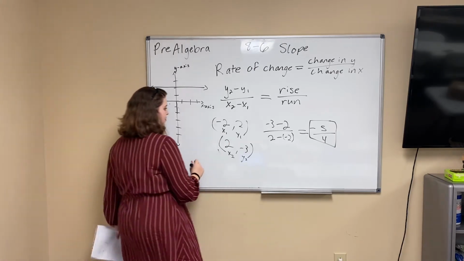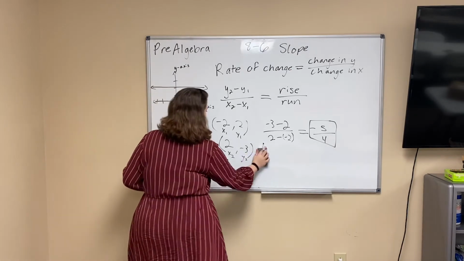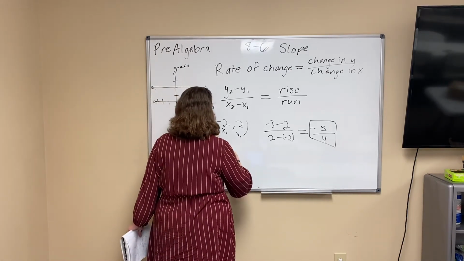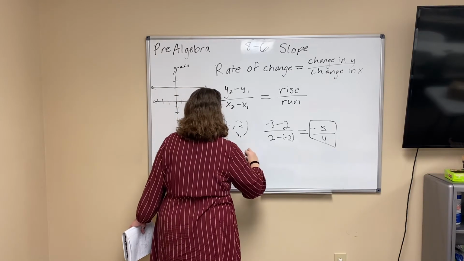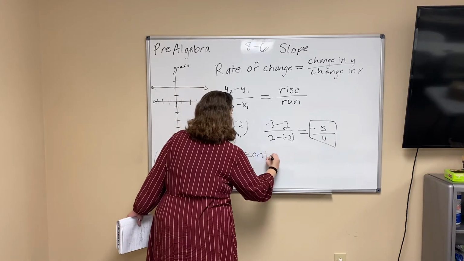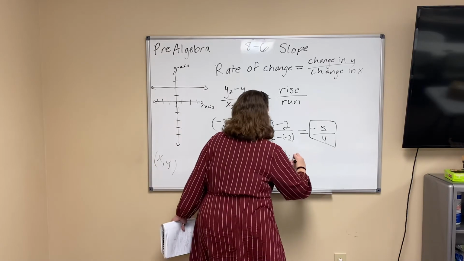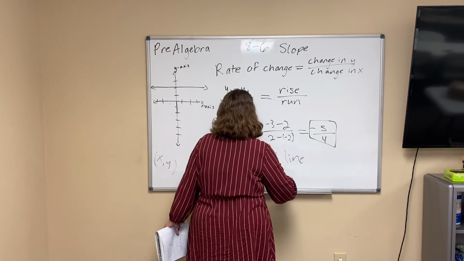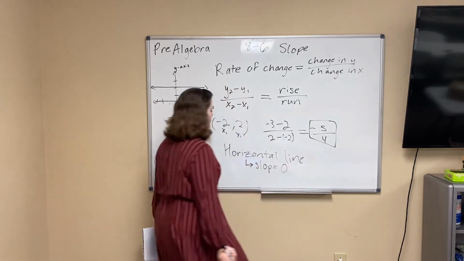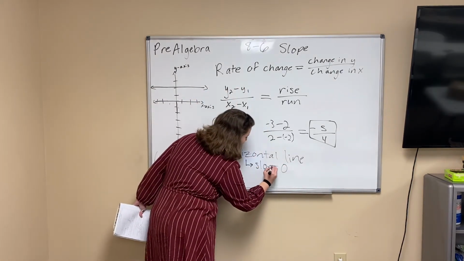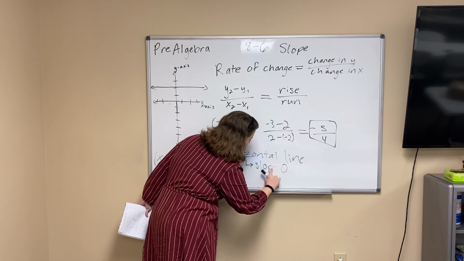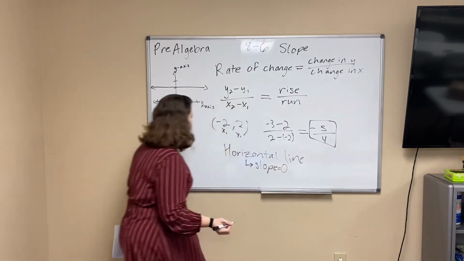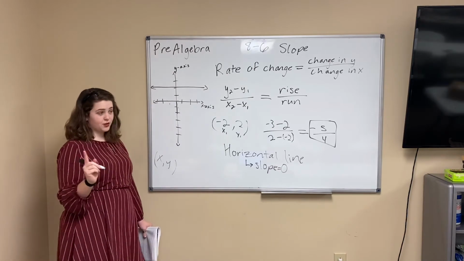So when we have a horizontal line, the slope is 0. Now that's with a horizontal line.